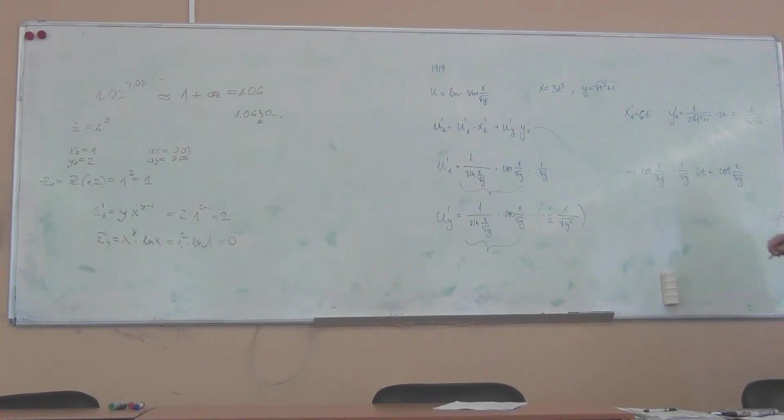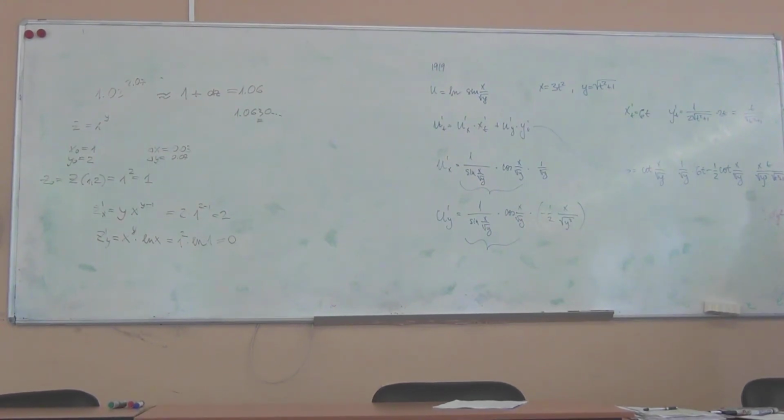Oh, it was minus. All right. I will change it. Minus. This is 1/2. It remains, so this disappears. So it will be minus 1/2 cotangent times x over square root of y cubed times this. Okay, t, and then we have square root of t squared plus 1. This is longish. But, well, that's how it is.